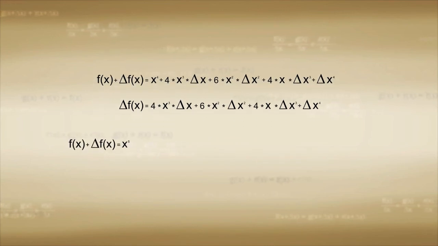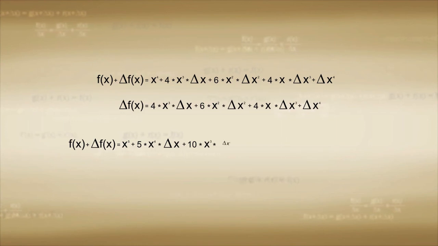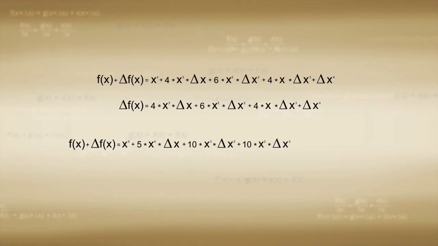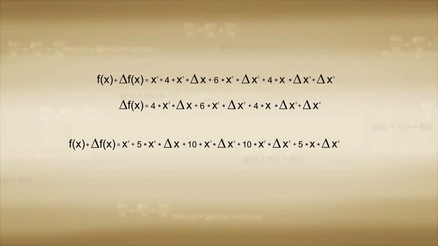In 5 dimensions where n is equal to 5, the formula is f of x plus delta f of x is equal to x raised to the power of 5 plus 5 times x raised to the power of 4 times delta x plus 10 times x cubed times delta x squared plus 10 times x squared times delta x cubed plus 5 times x times delta x raised to the power of 4 plus delta x raised to the power of 5.